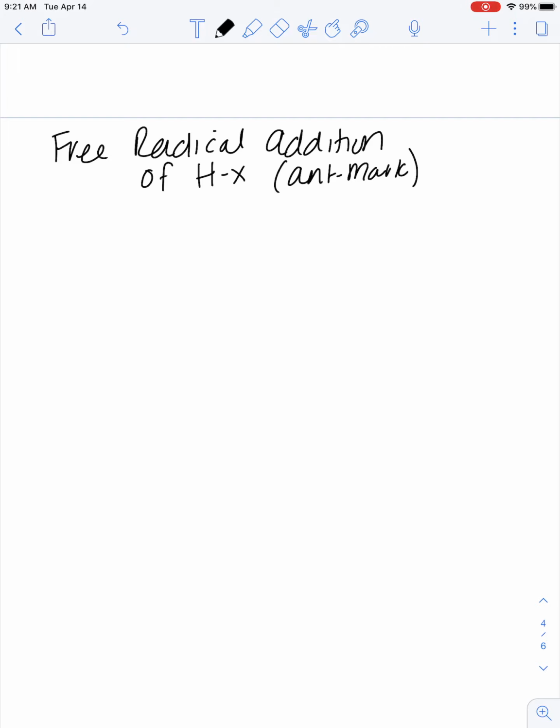When we have a peroxide, the abbreviation is going to be this. Whenever you see a peroxide, this should automatically make you think of an anti-Markovnikov addition. You also will need some heat or light for these types of reactions.